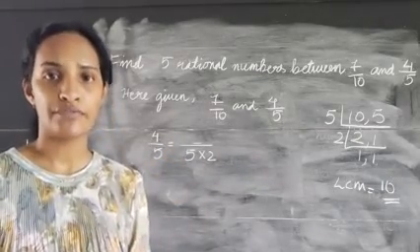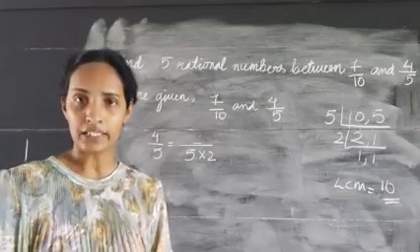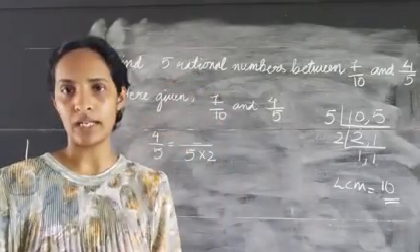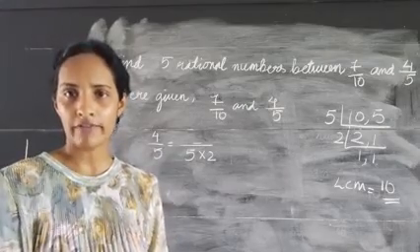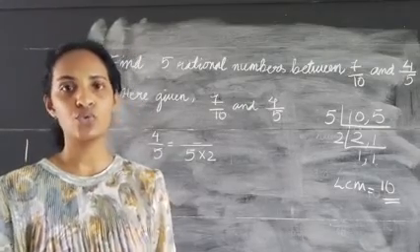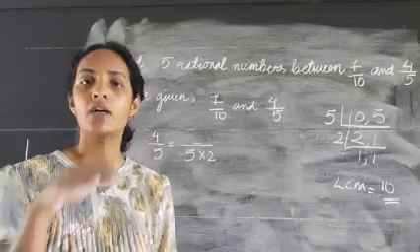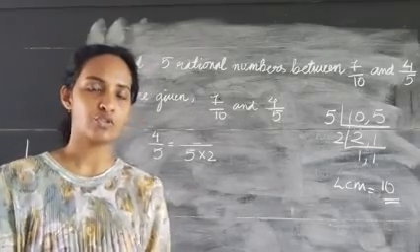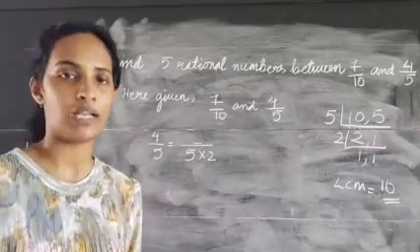Whatever we do to a fraction, it should be done equally, which means we need to do it to the numerator and to the denominator as well. So here, in 4 by 5, I have multiplied 2 to the denominator, right? Which means in order to make it balanced, I need to multiply 2 to the numerator as well, right?